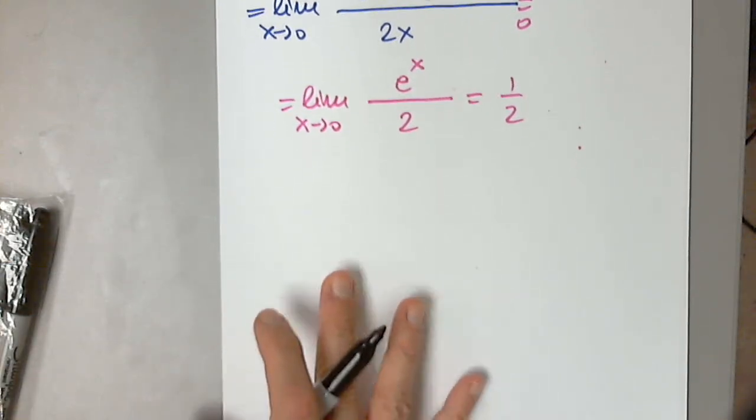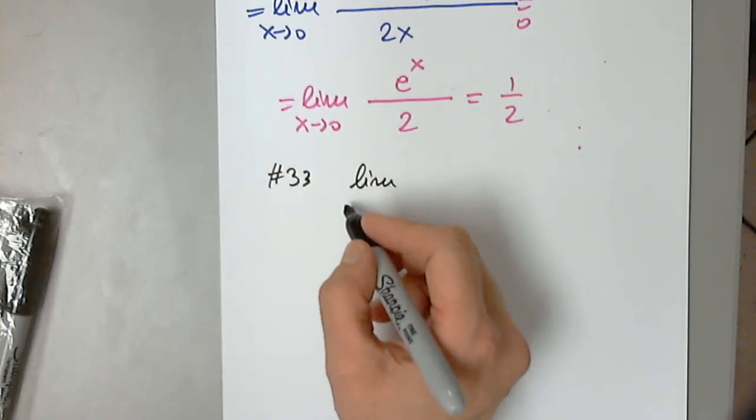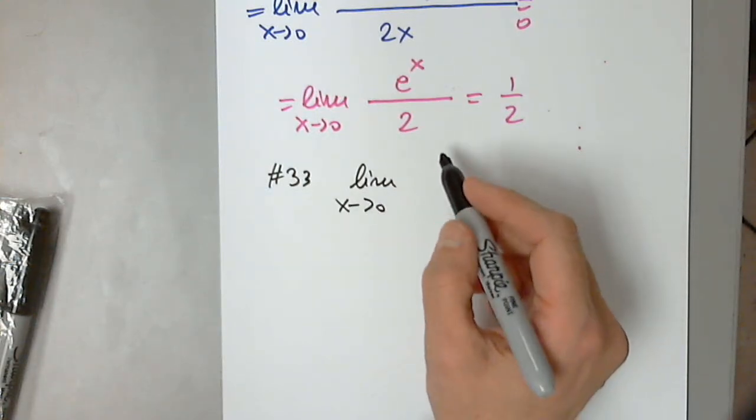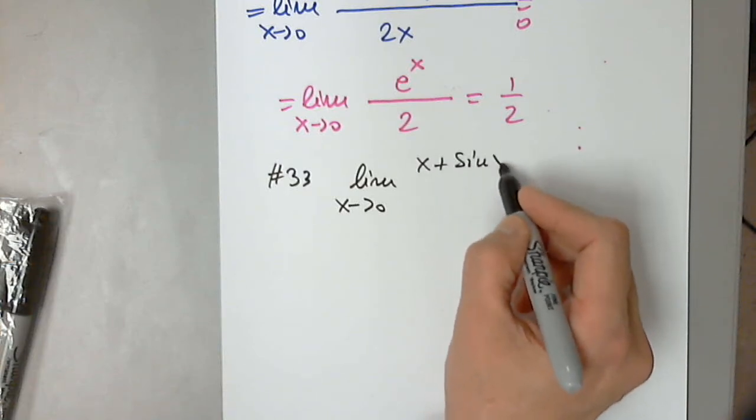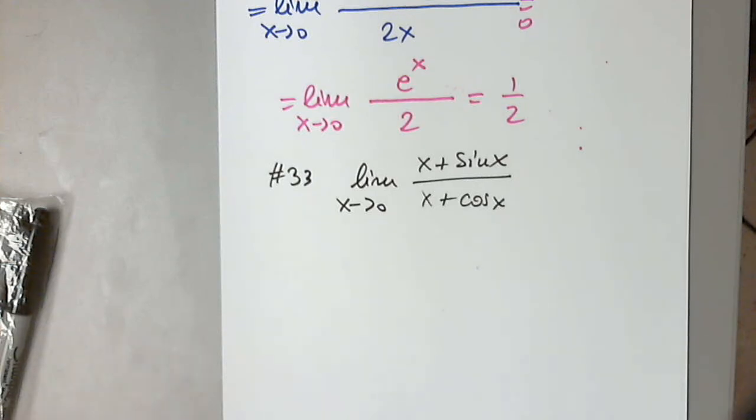Let's look at 33. Limit as x approaches 0 from x plus sine x over x plus cosine x. I hope again for 0 over 0.